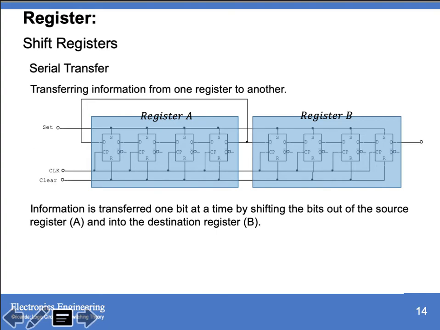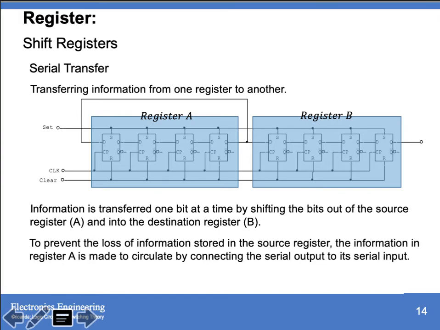As you can observe, the output of register A is being fed back to the input of register A. This is to prevent the loss of information stored in the source register. The information in register A is made to circulate by connecting the serial output to its serial input.